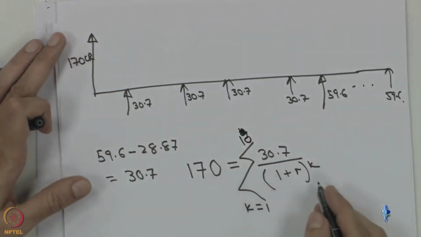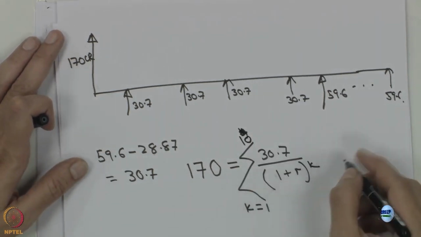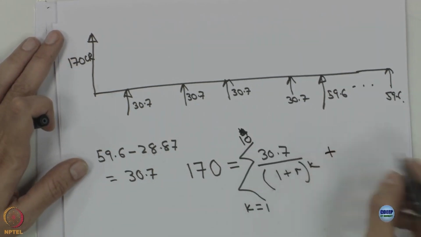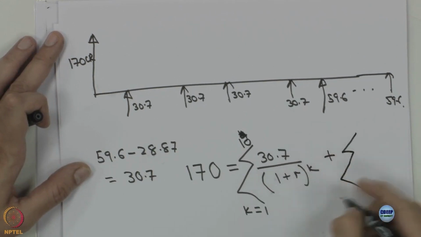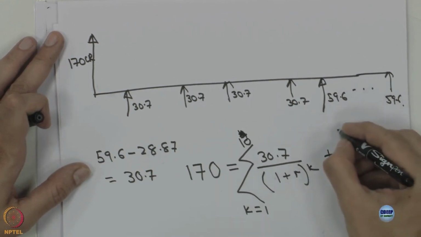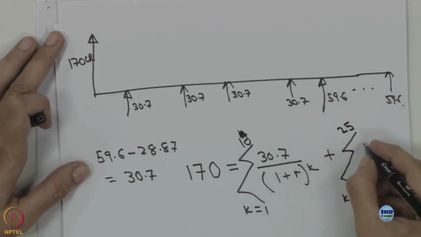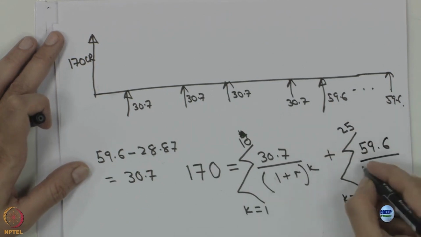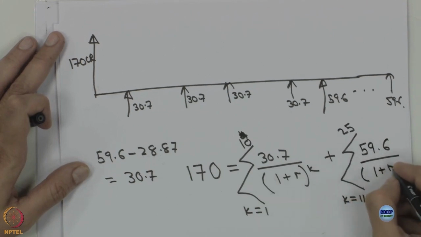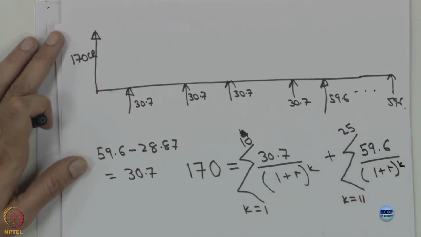This is the first 10 years where we are repaying the loan. From the 11th year onwards, k equal to 11 to 25, this will be 59.6 divided by 1 plus r raised to k.